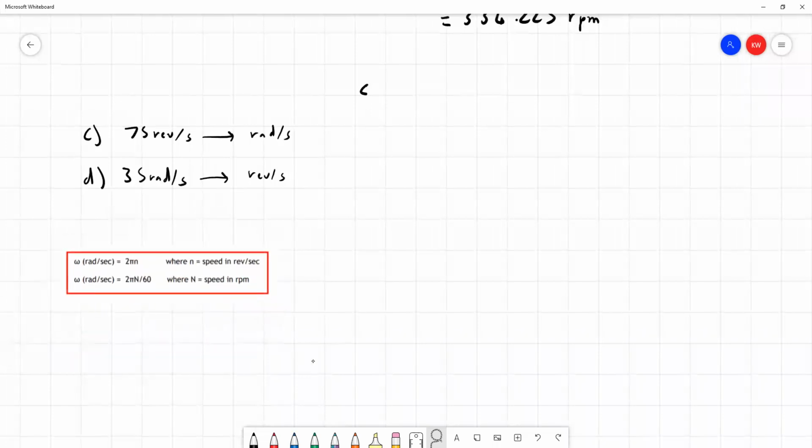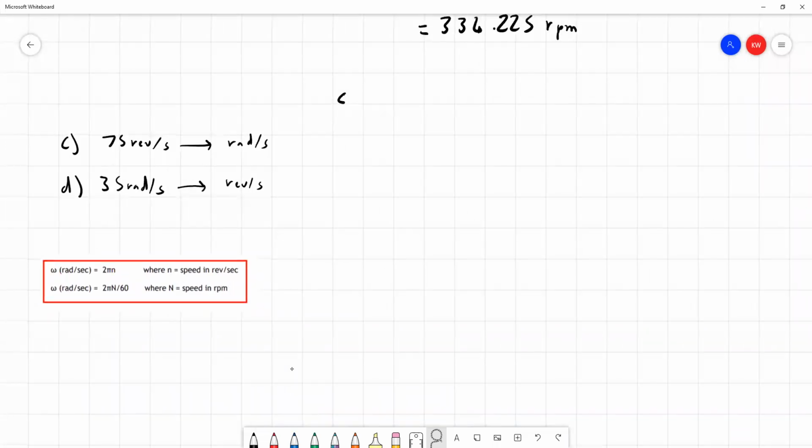So we want to use our first formula in this case, because the first formula tells us that's what we do when we want to convert between rads per second and revs per second.